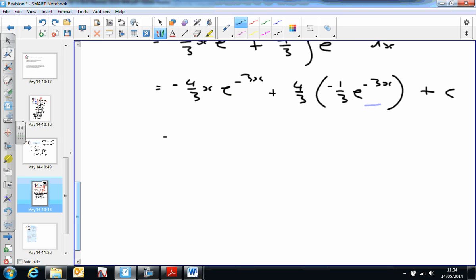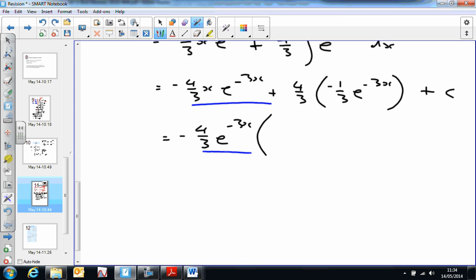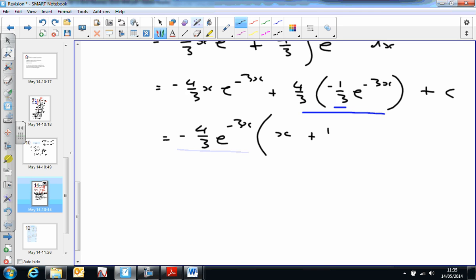If I took minus 4/3 e to the minus 3x outside the bracket, I ask myself, what have I got to times this by now to get back to this? Well, the only thing that's missing is the x, so it's just x here. What have I got to times minus 4/3 e to the minus 3x to get back to this again? Just the 1/3, isn't it? Plus 1/3. So it'll be plus 1/3 plus c.